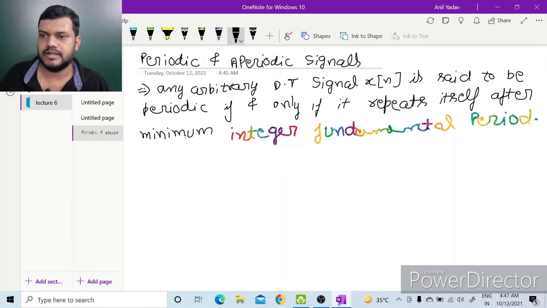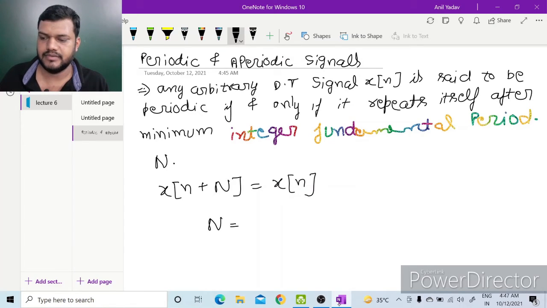Capital N means x of n plus N will be x of n. Then its fundamental period N can be given as 2 pi by omega naught into k.